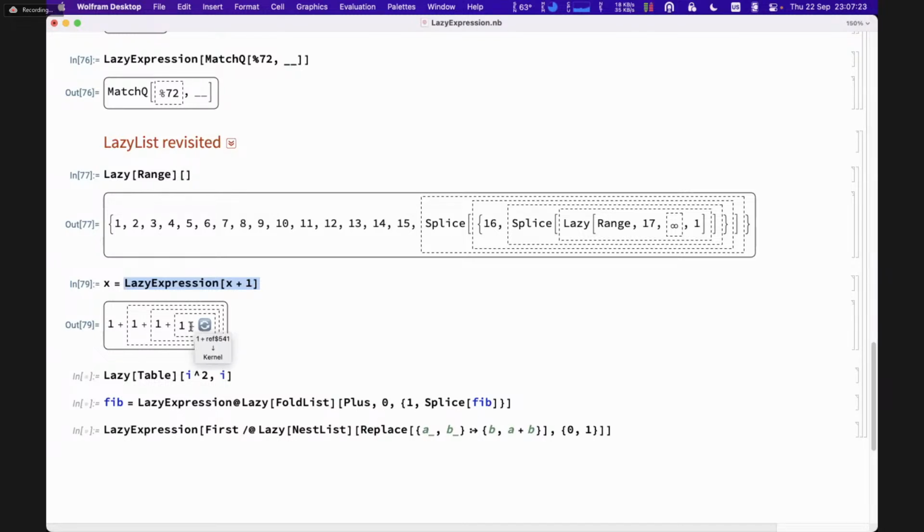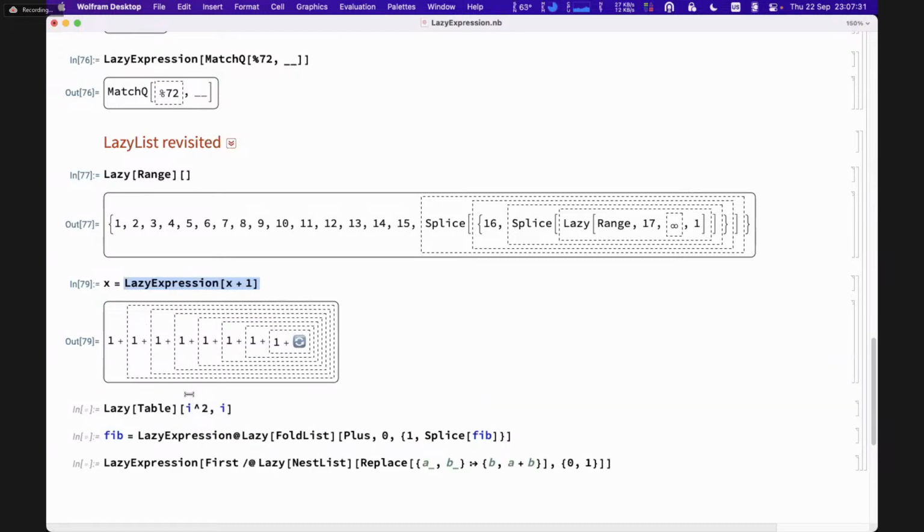If I resolve this reference again, there are going to be 4 more ones, because that self-reference is to that whole thing with 8 ones now. Yeah, to the whole box with no dashes.